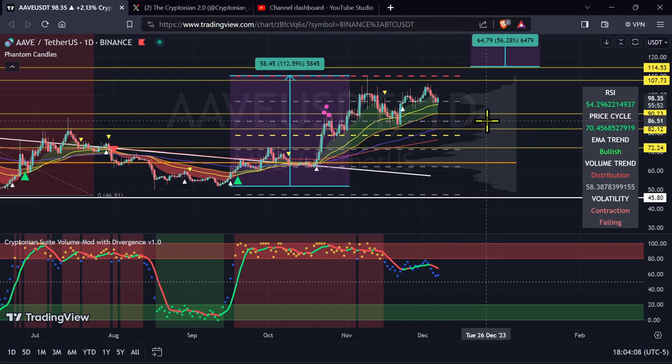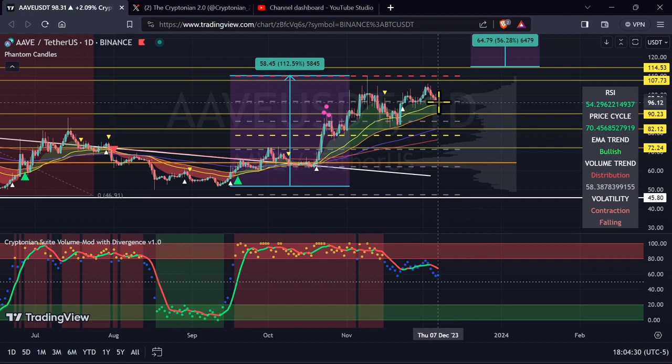Above that, we have an area of interest here. This is where we had a previous bounce, previous support. This is at the Fibonacci 0.3, and so that's also a place where we could come down and find support. And that is around $86.51.